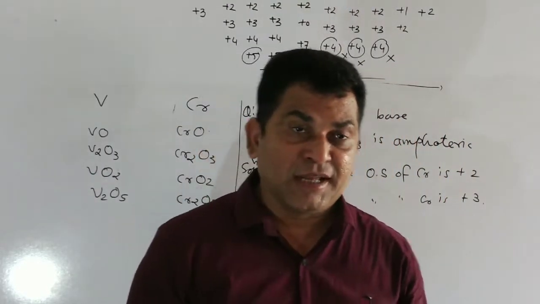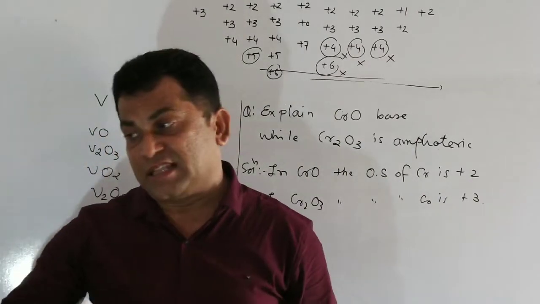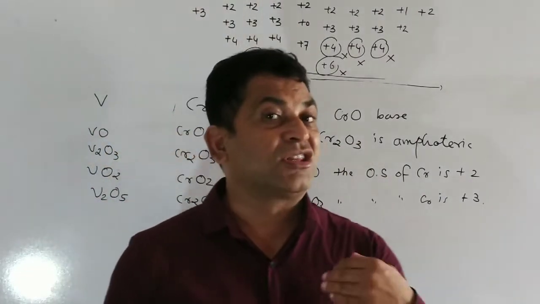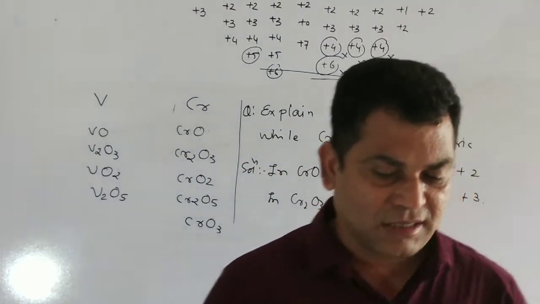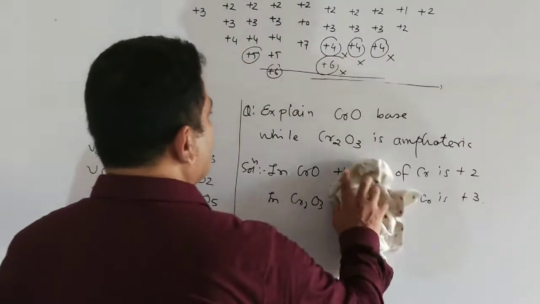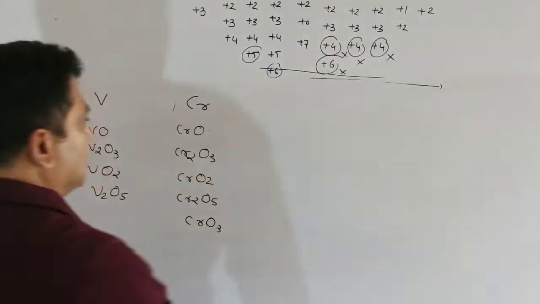So I hope you can simply give the reason why these oxides are basic and these oxides are amphoteric, or this oxide is acid and this oxide is neutral. How these answers come, you understand that. So about CrO we can make this.